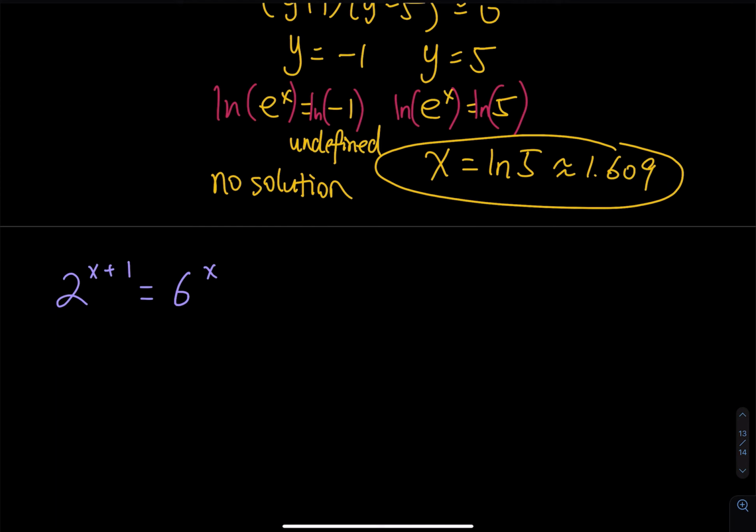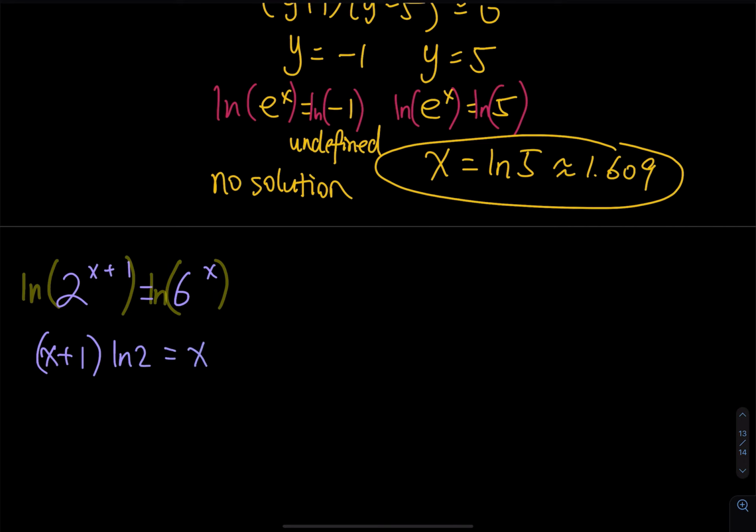And then we are going to take ln on both sides, so we can bring the power down. So that is x plus 1, the power is down, times ln 2 equals x times ln 6. Okay, and then we are going to distribute the ln 2, so we have x times ln 2 plus 1 times ln 2 equals x times ln 6.